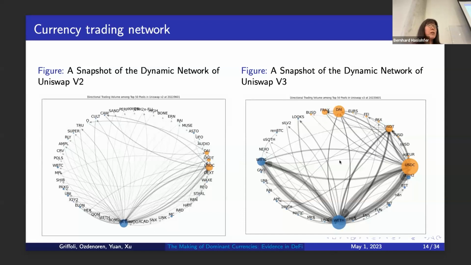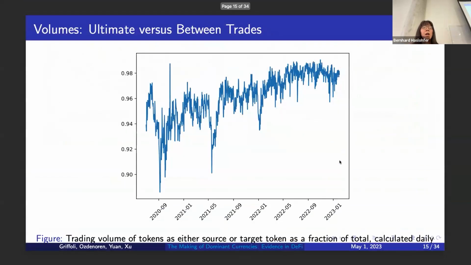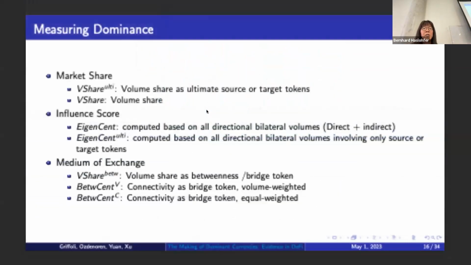So we're going to try to formalize that. In terms of classification between types of trades by volume, remember we categorize trades as betweenness and ultimate. You can see about 10% to as low as 2% are betweenness trades.